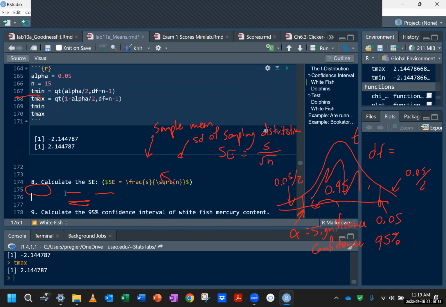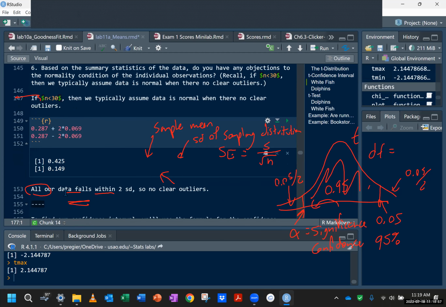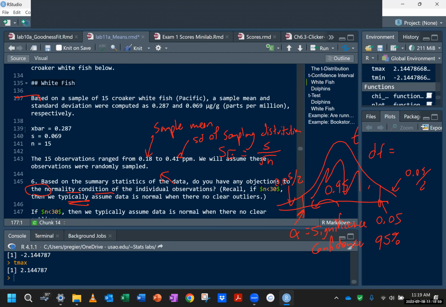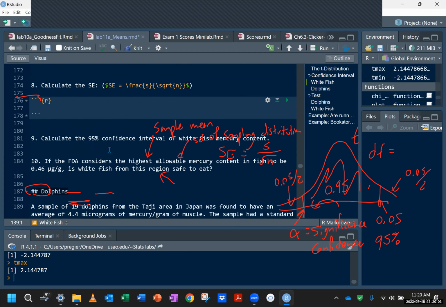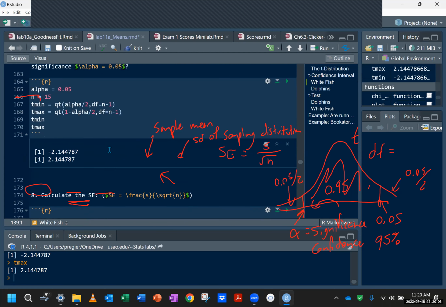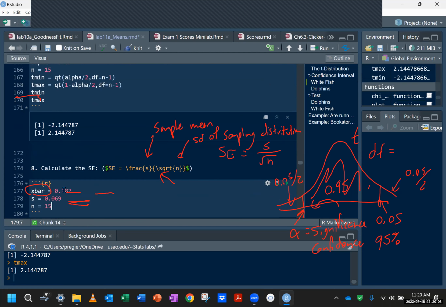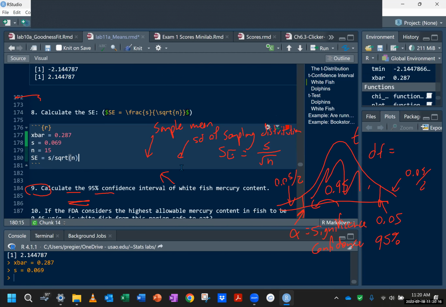So now we're set up. We're set up to do everything. I think I copied these values here. So to find our 95% confidence interval, first we got to find out what our standard error is. So that's all good.